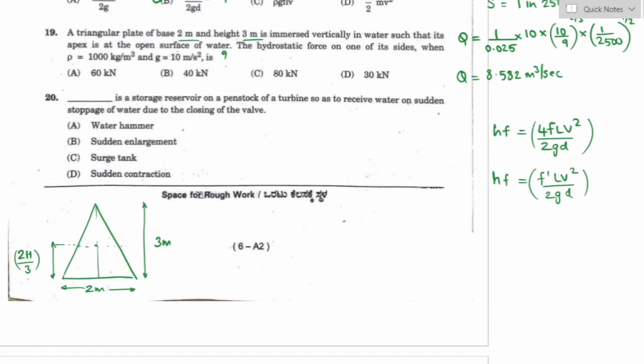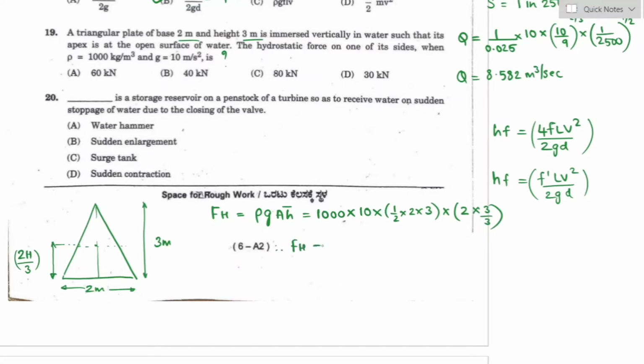This hydrostatic pressure acts at a depth of 2h by 3. So hydrostatic force is equal to rho g A h bar, which is equal to density is 1000 kg per meter cube, g is the acceleration due to gravity 10 meter per second square, A is the area of the triangular plate, half into 2 into 3 meter, h bar is the depth at which the hydrostatic force acts, 2h by 3, so 2 into 3 divided by 3.